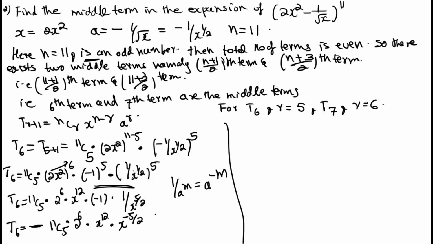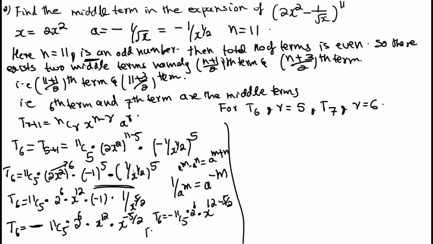Now simplify this one. T6 equals minus 11C5 into 2^6 into x^12 into x^(-5/2), that is x^(12 - 5/2). Okay, again the formula a^m into a^n is equal to a^(m+n). Here instead of plus, minus is there, so I am putting minus.